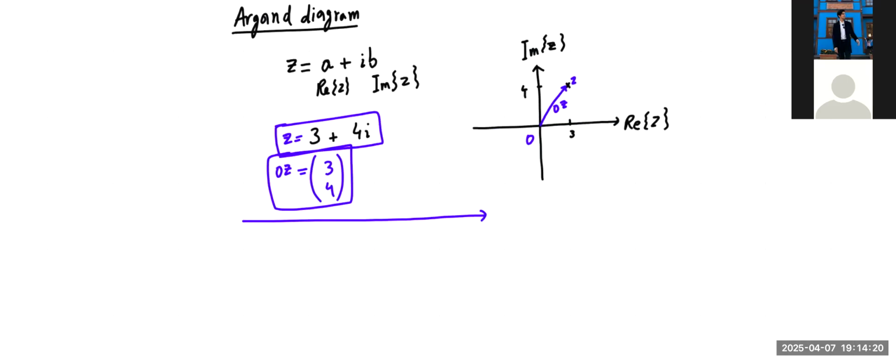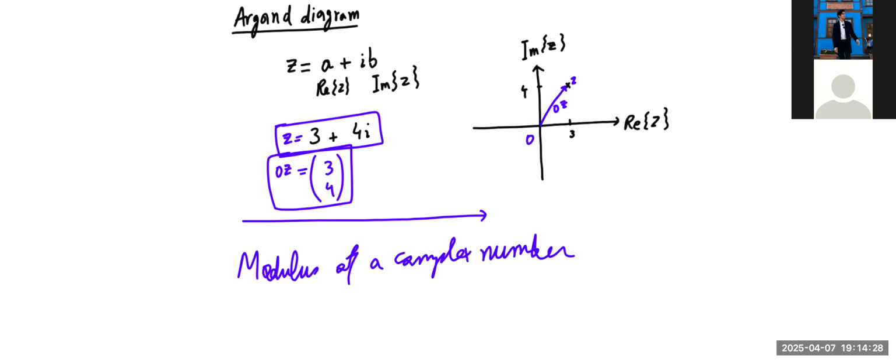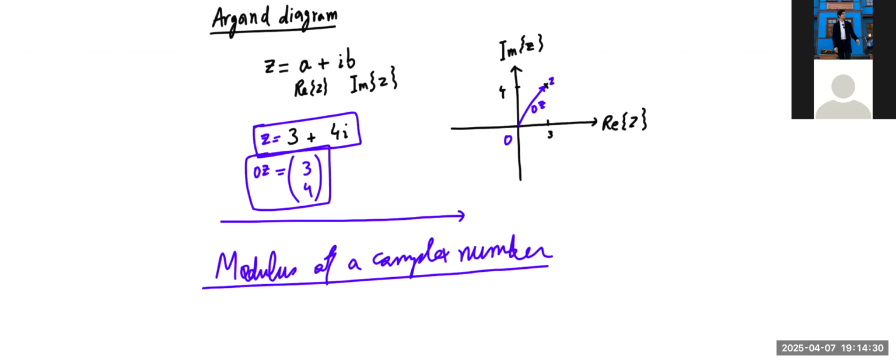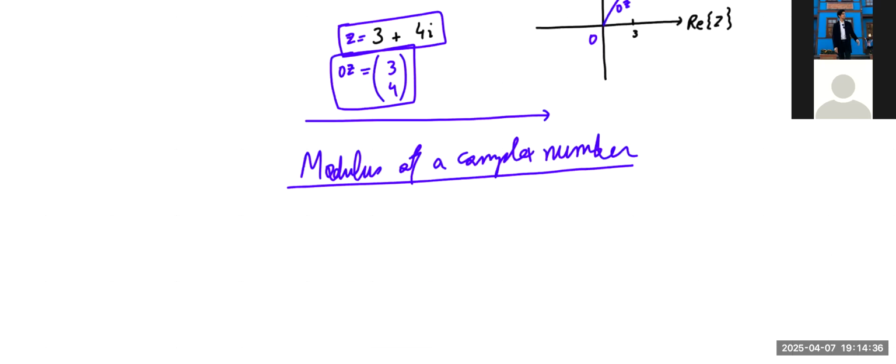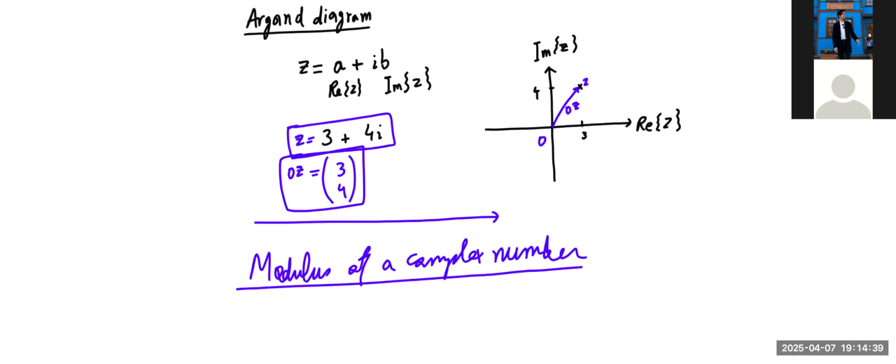So the modulus of a complex number is basically the length of its position vector. How long is the position vector that reaches the complex number? Any point on this entire plane can have a vector drawn from the origin to that point, and that line is whose length we're trying to find.